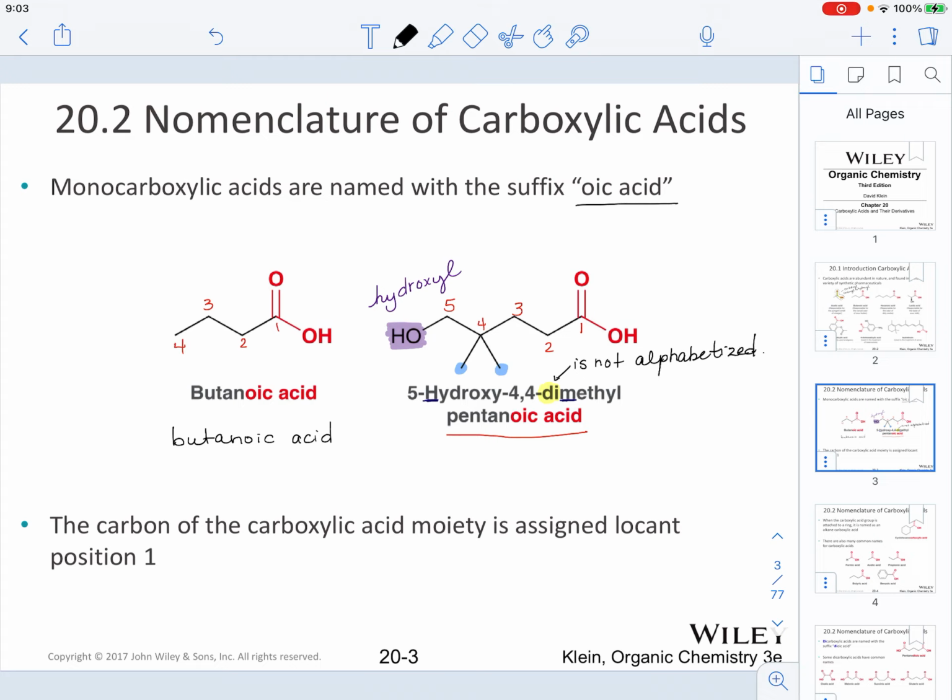So the correct name for that molecule is 5-hydroxy-4,4-dimethylpentanoic acid.